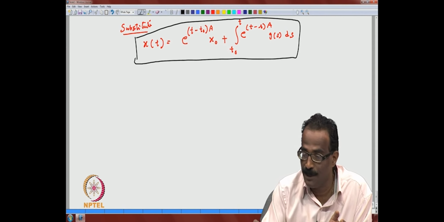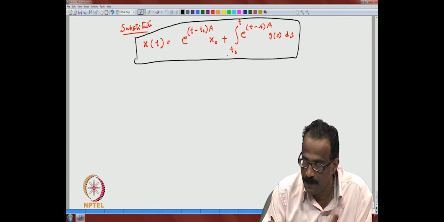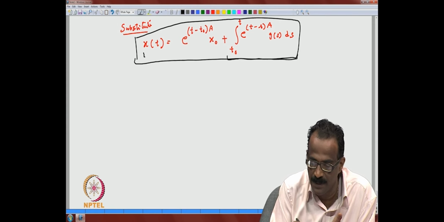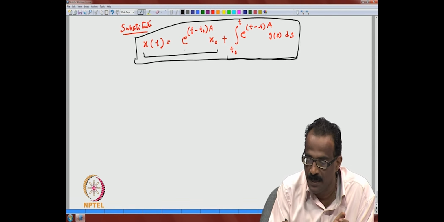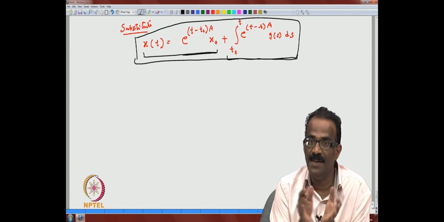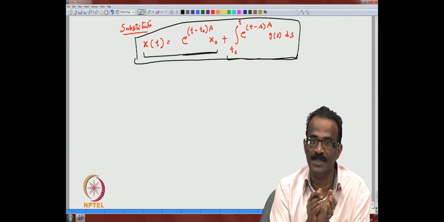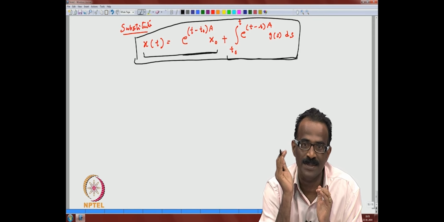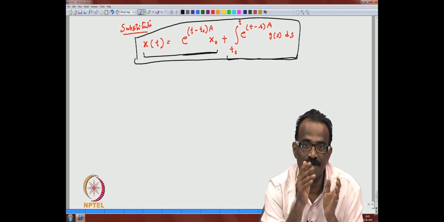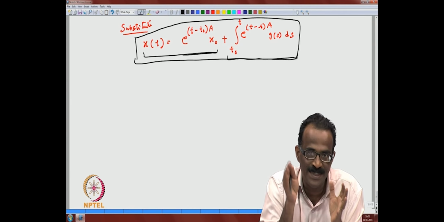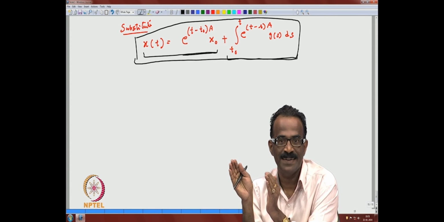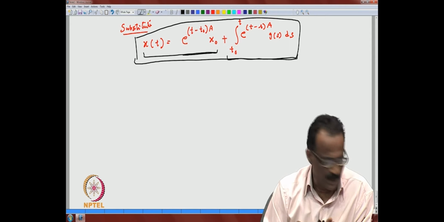When there is no g, this term will not be there, and you know that this is the solution to your homogeneous equation. So the first term is exactly what you have seen in the homogeneous equation. If you recall your second order equation, you have a complementary function, which is a solution to your homogeneous equation, and then you have a kind of particular integral, and that is what we have done here.